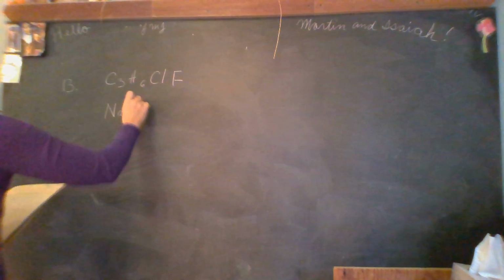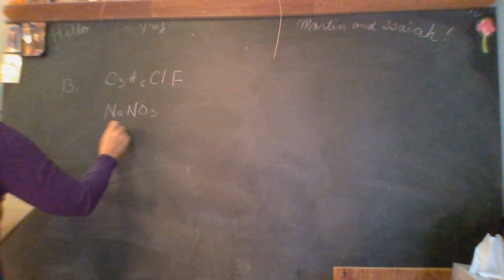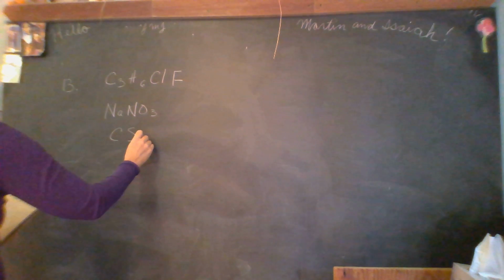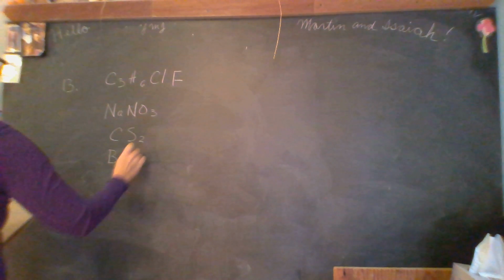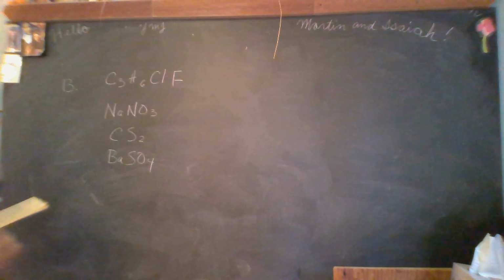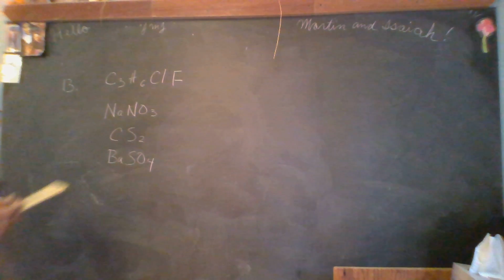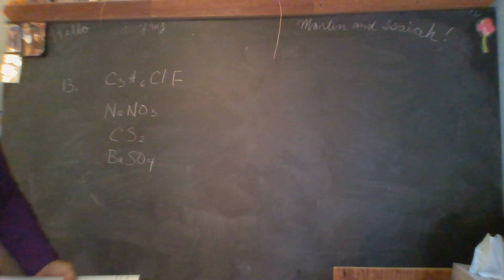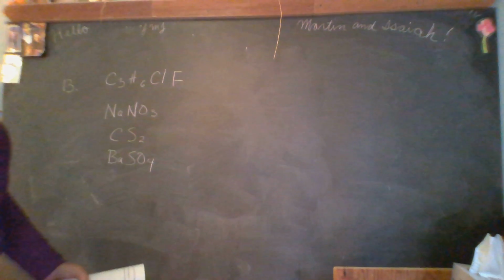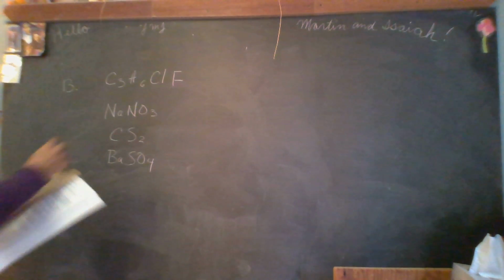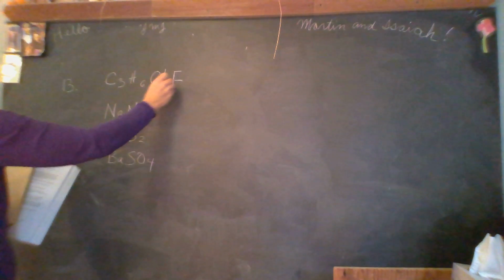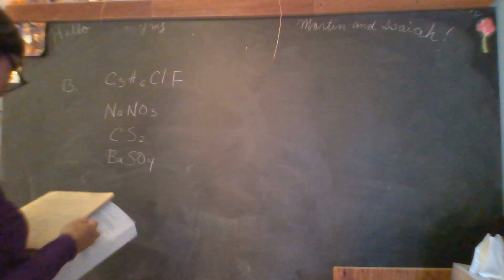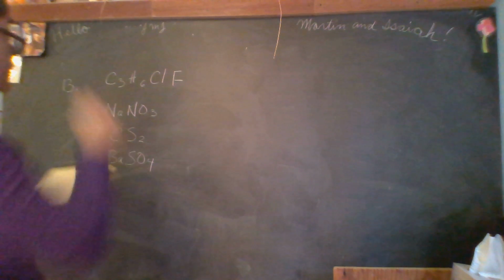NaNO3, CS2, BaSO4. Okay. So what they're asking us is which of these are ionic compounds, and ionic compounds are going to contain a metal. The first compound listed is carbon, hydrogen, chlorine, and fluorine, and they are all nonmetals.